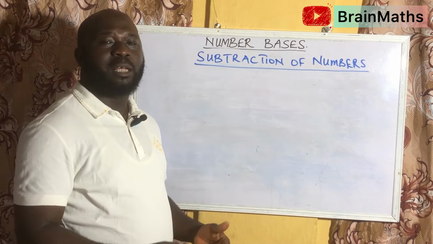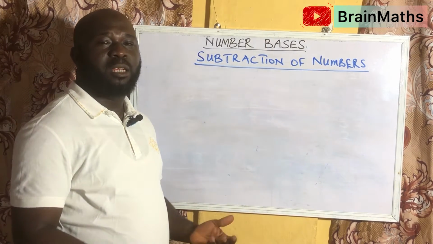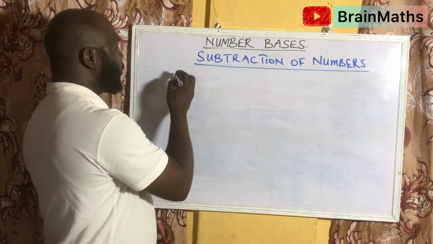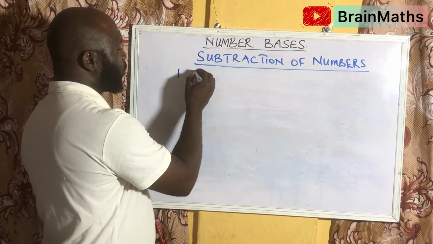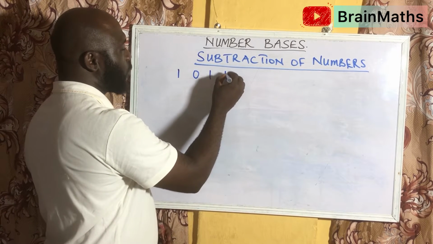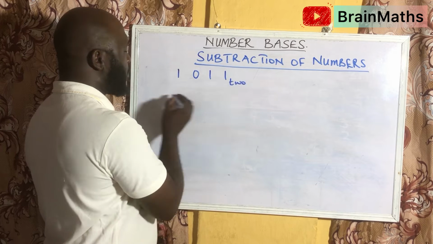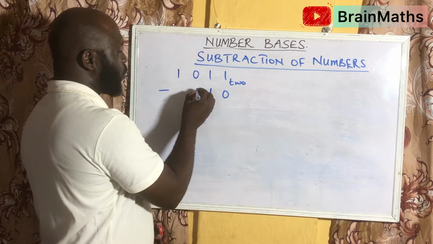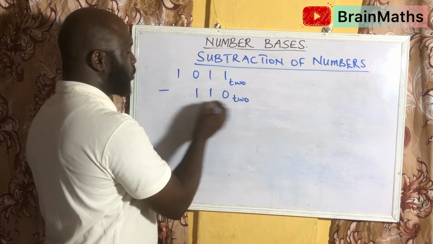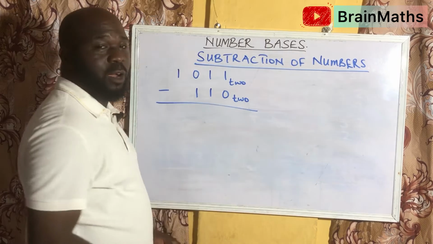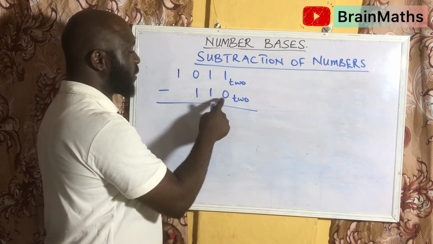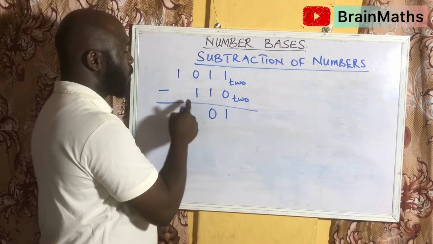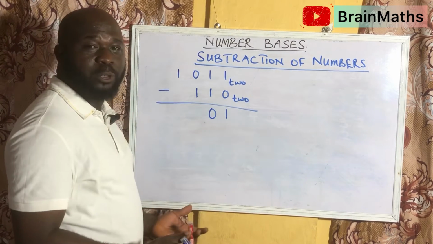Now, we want to look at how to subtract numbers in different bases. Let's start with base 2. If we are given 1, 0, 1, 1 in base 2 minus 0, 1, 1 all in base 2, we do it as our normal subtraction. 1 minus 0 will give us 1. 1 minus 1 will give us 0. 0 minus 1 is impossible.